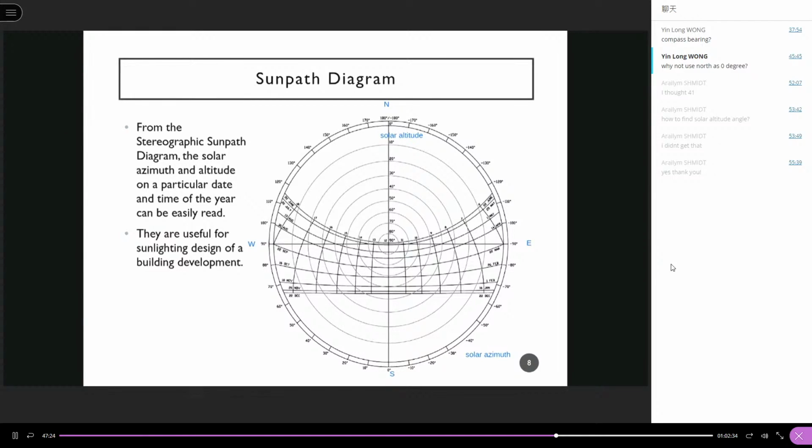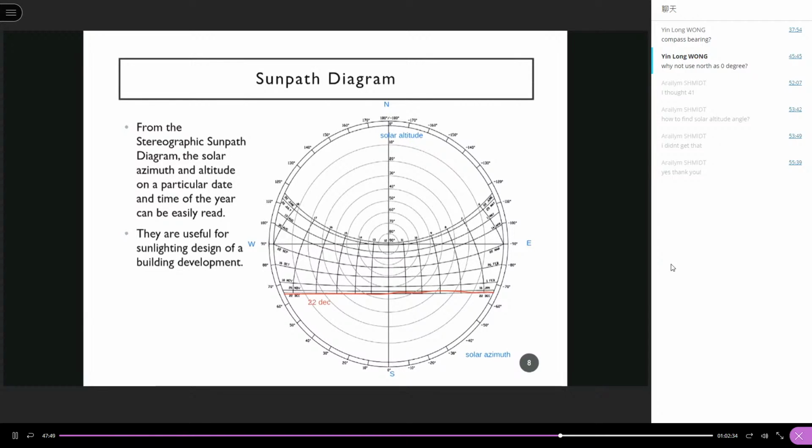Here, if you can read closely, you can see that this line is representing the date 22nd of December, which is the winter solstice.